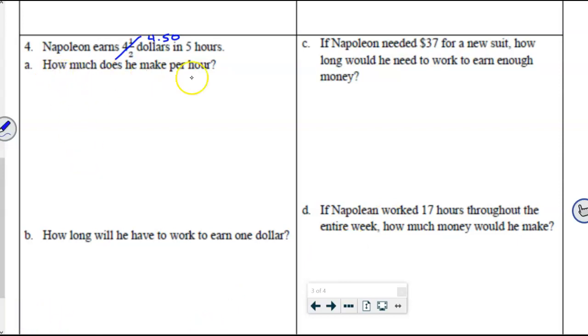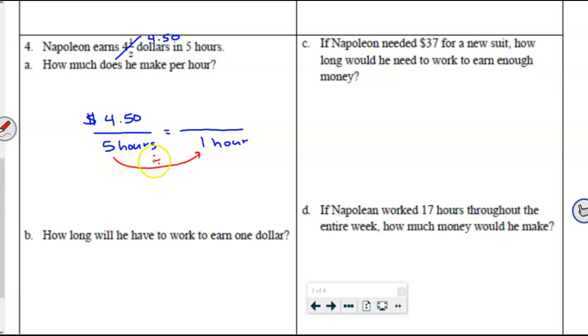Okay, how much does he make per hour? Starting at the end. Per hour means that's going to be 1 hour, with that 1 down there in the denominator. So going back to the beginning, hours is going to be the unit I put on the bottom, and dollars is going to be the unit that I put on the top. So that's going to be $4.50 in 5 hours, and that 5 is changing to a 1 by dividing by 5.